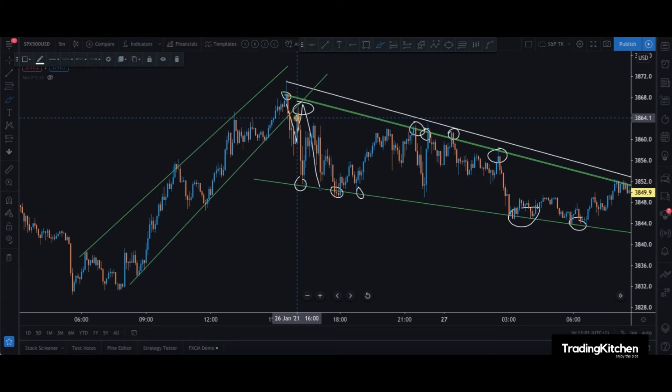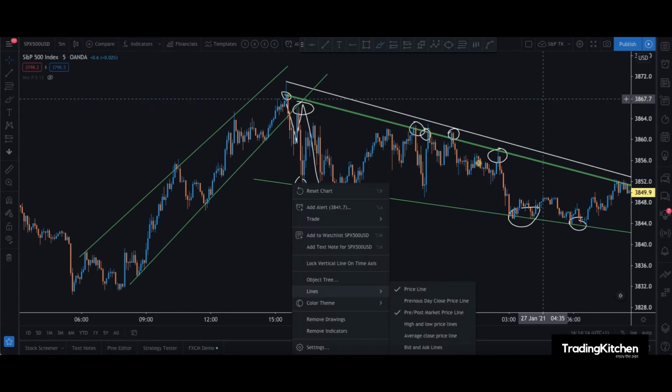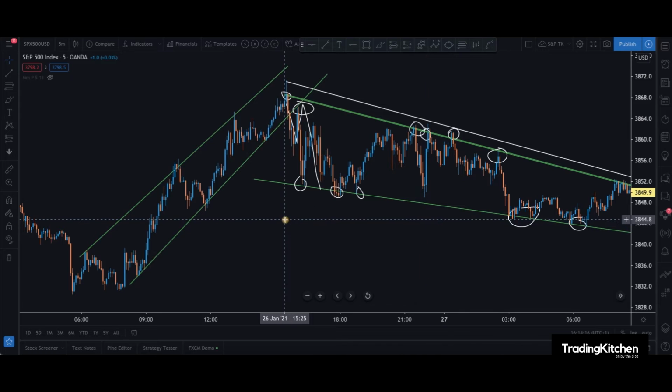Anyway, doesn't matter. I will miss a chance to enter a trade, but I don't care, because this kind of confirmation is so frequent in all the markets. So I will take another chance. And this is an example.